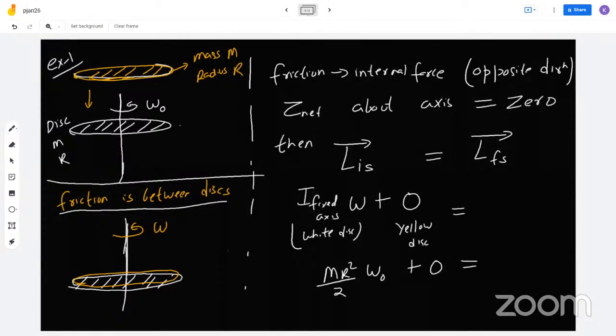Finally they are rotating with a common angular velocity omega, so for both it will be MR square by 2 omega plus MR square by 2 omega, since both are identical. So what will omega come out to be?